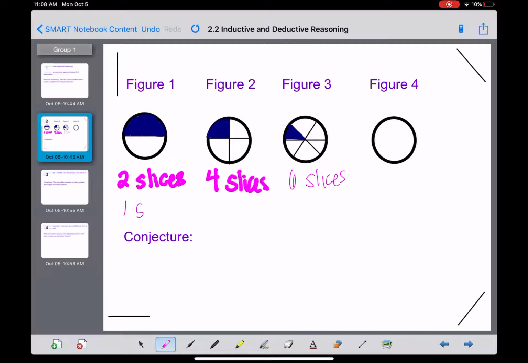And we have one shaded, one shaded, one shaded. So based off of this, we want to continue this pattern. We went from 2 to 4 to 6, so I would think that figure 4 would have 8 slices. And then we went from one shaded, one shaded, one shaded, so figure 4 is also going to have one shaded.